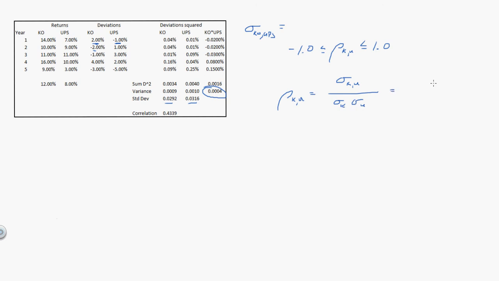So this will be 0.004 divided by 0.0292 times 0.0316. Again, there's rounding in that 4 probably. Not sure exactly how much rounding's in there, but anyway, that comes out to be 0.4339. This gives me my correlation, and this is really the number that I want to talk about the most.